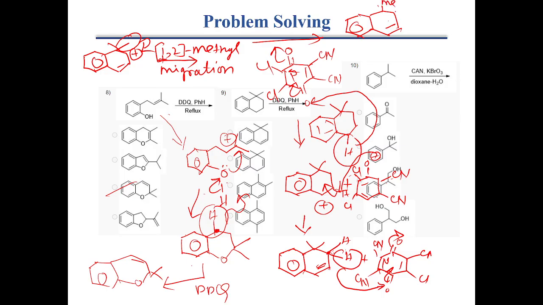This is the secondary carbocation, and this is the tertiary carbocation. The tertiary carbocation is more stable than the secondary carbocation. That's why it remains in this form.